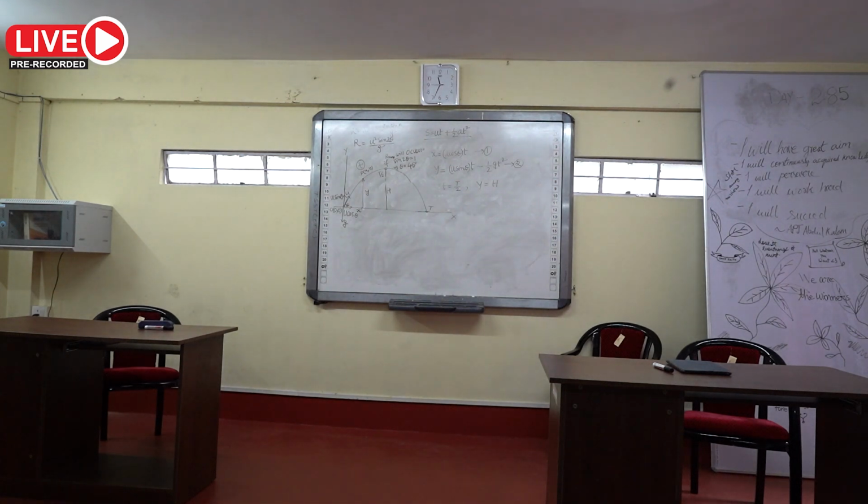Now put these values in the equation for t. So it will be y equal to u sin theta. Now in place of t, what will you put? That is u sin theta by g, minus half g, this time square, that is u square sin square theta by g square.